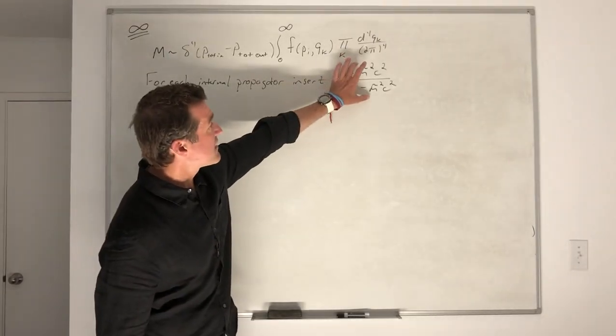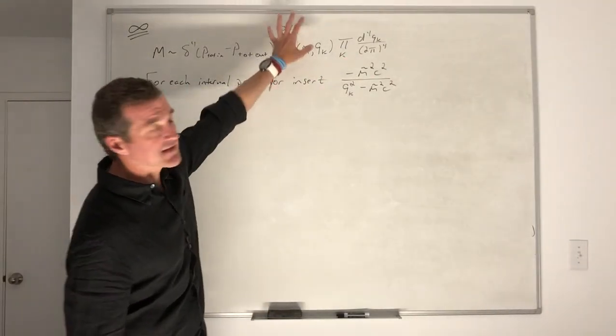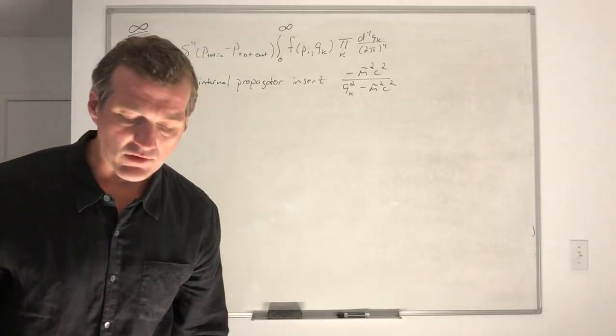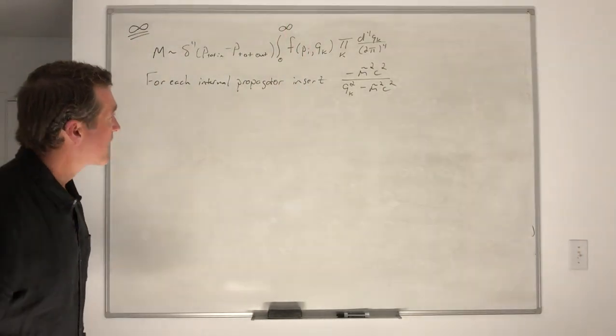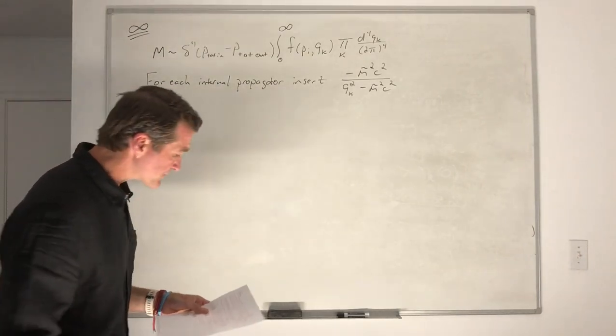So this is just a number, it happens to be playing the role of a mass, but it's not in any way associated with the masses of any of the particles that are in the theory. And this is called a Pauli-Villars regulator.